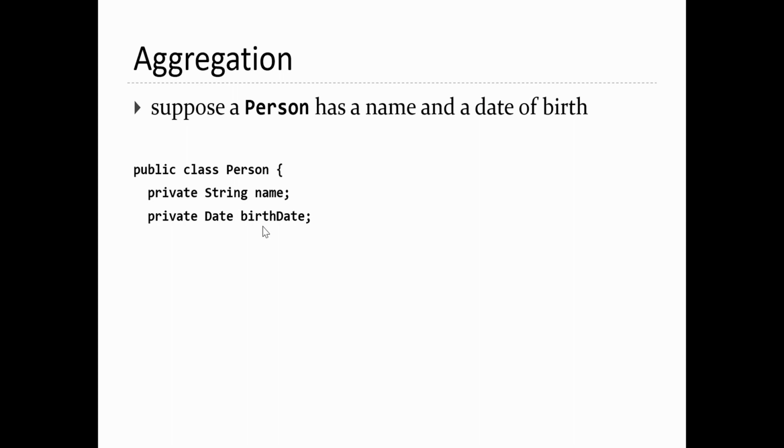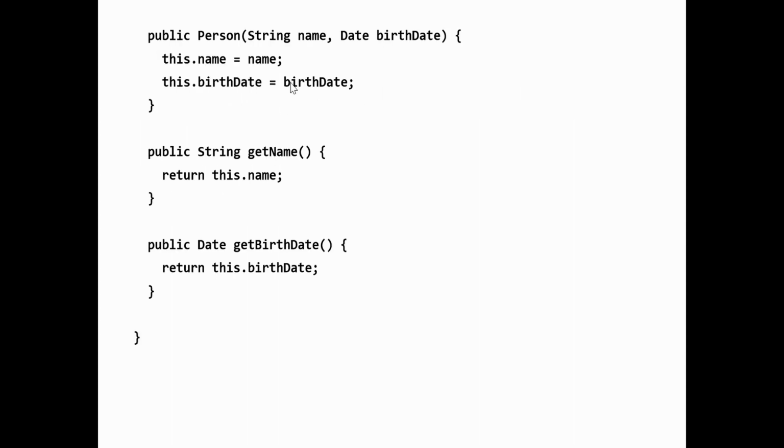They got a reference to a birth date, but in this particular case, they don't own the date object. The person class is not making a new date object to store the birth date. They're just using an existing date object as the birth date. So that example uses aggregation. That's basically the way we've been implementing classes so far in the course.